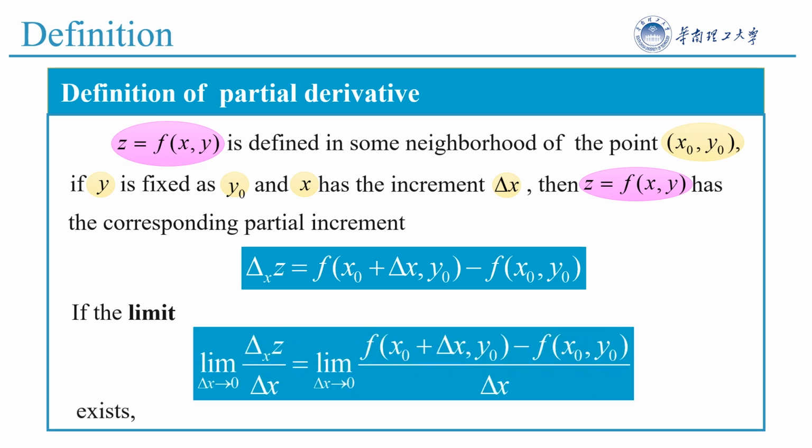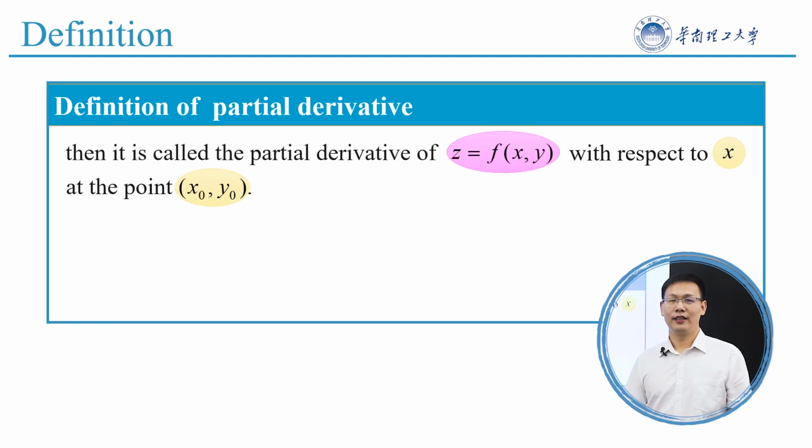If this limit exists, then it is called the partial derivative of f(x, y) with respect to x at the point (x0, y0), denoted by the following notations.